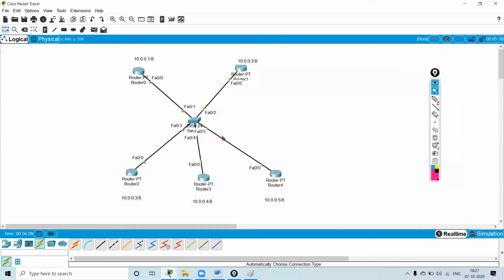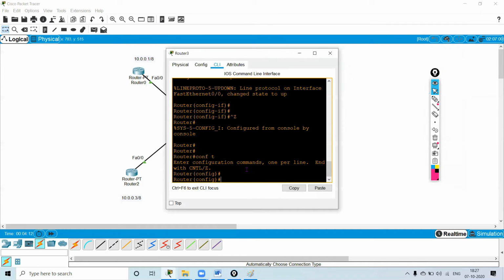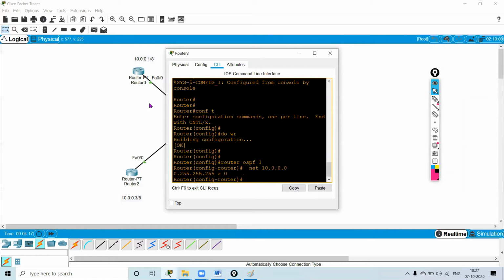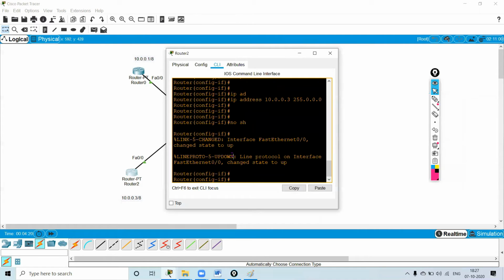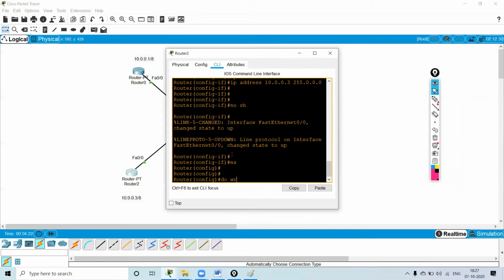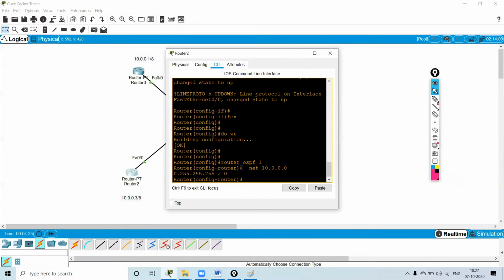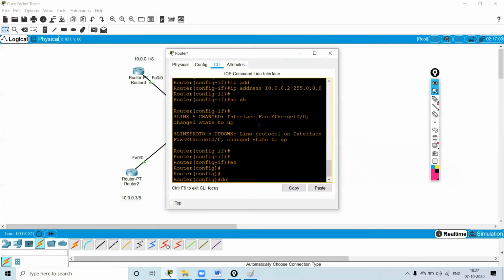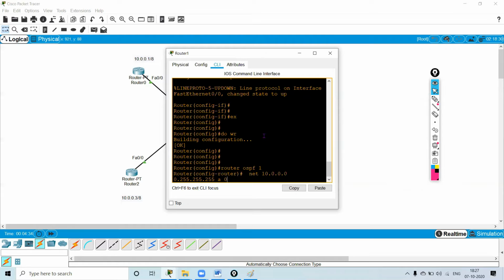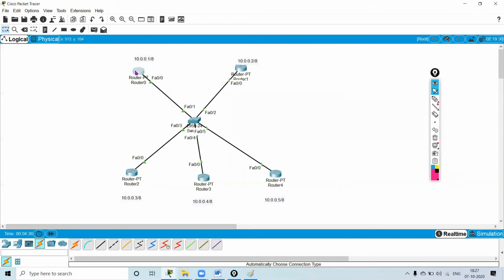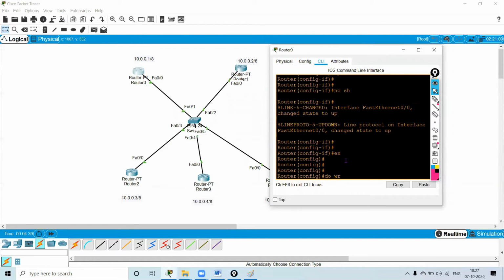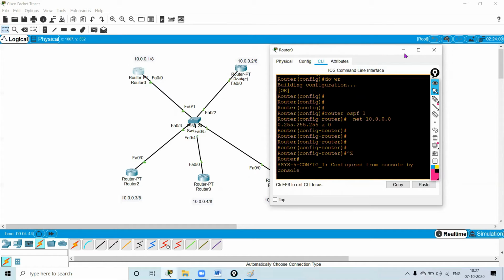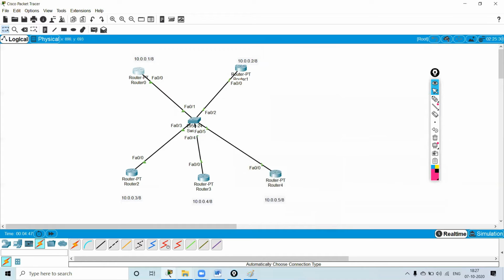I'll copy this command, do WR, and paste it on all the routers. Okay, I've pasted the command on all the routers.